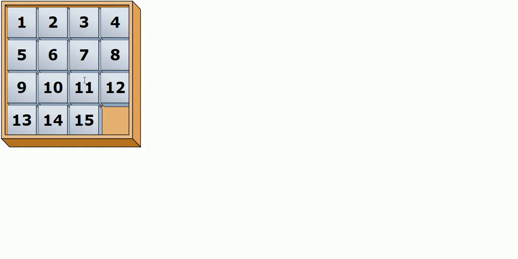It can be an actor or a building, something like that. But we are going to do this with numbers. So in this case we have 16 boxes, but we have numbers from 1 to 15. Okay, so this is the whole idea.